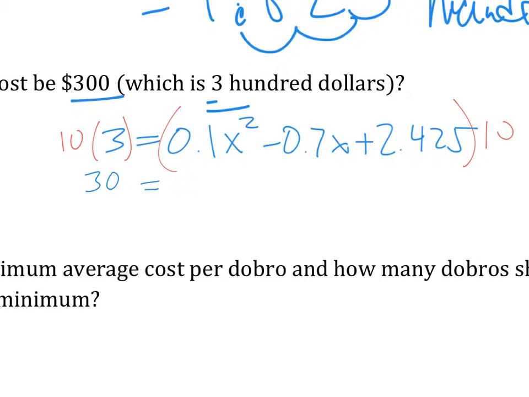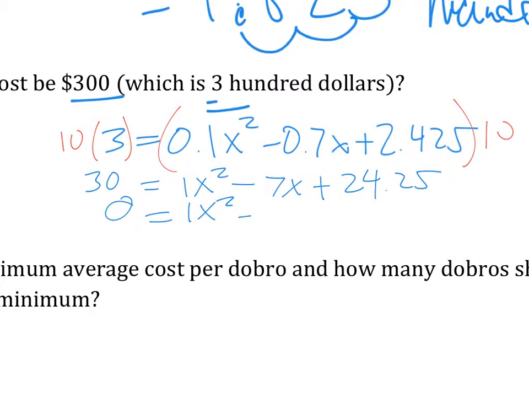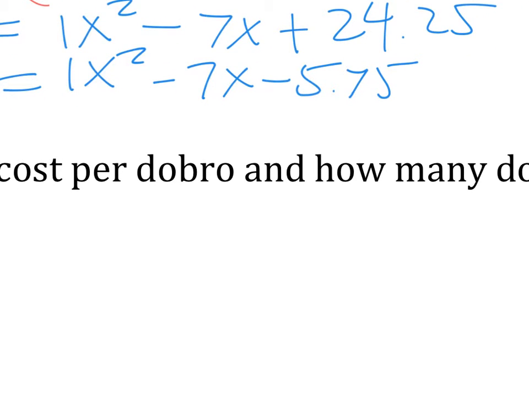30 equals, distribute the 10 out, we have 1x squared minus 7x plus 24.25. Subtract that 30 from both sides, and we have 1x squared minus 7x minus 5.75. Now it's time to go to the quadratic formula.